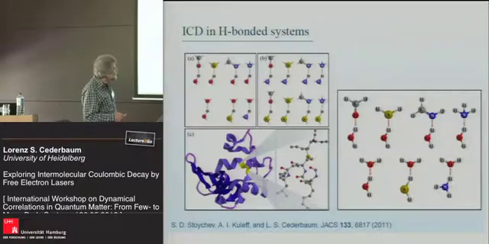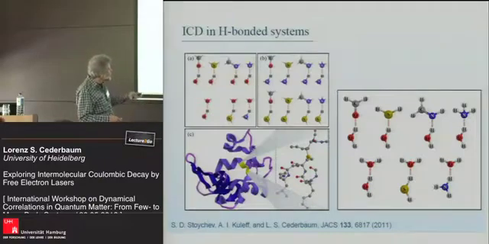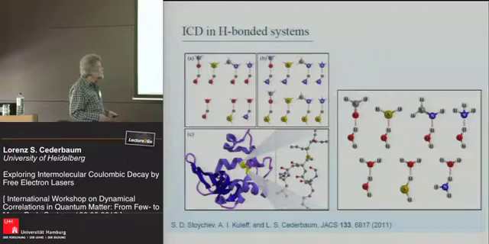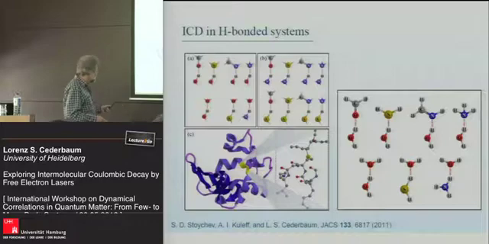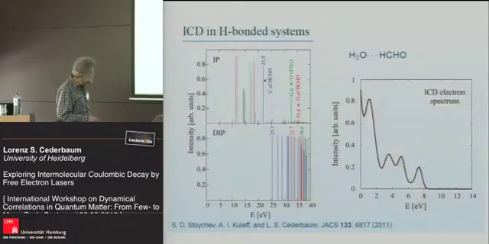You can have a place where the water is an electron acceptor or an electron donor. So they are a bit different, but all of them show ICD when you ionize either the oxygen, sulfur, nitrogen, and so on. So all of them, ICD seems to be an open channel.